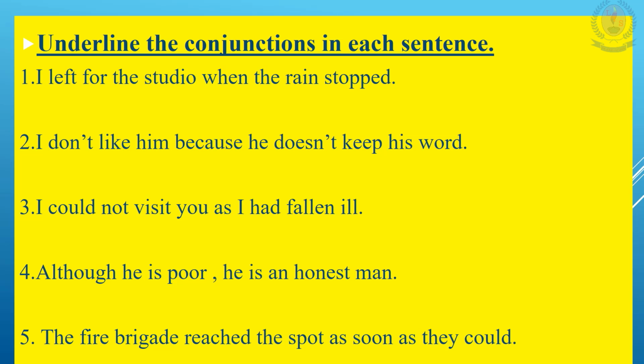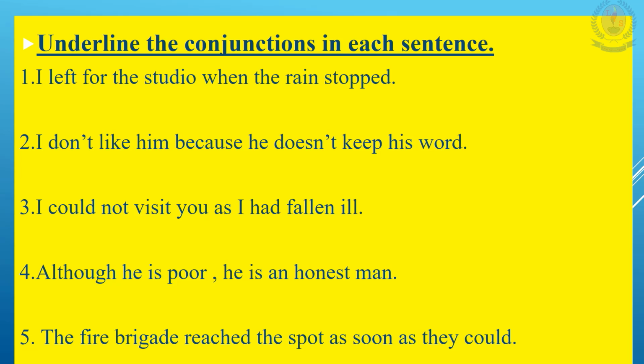Now here again you have another activity: to underline the conjunction in each sentence. Right. I want all of you to do this activity again and do another self-assessment. First question, I left for the studio when the rain stopped. Second one, I don't like him because he doesn't keep his word.